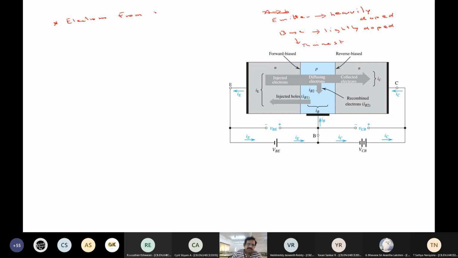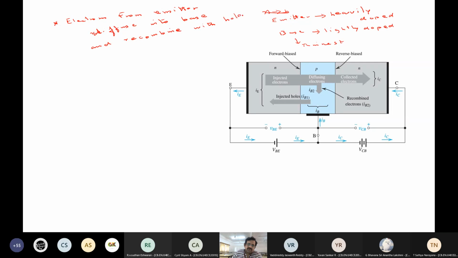Electrons from emitter diffuse into base and recombine. In the process of recombination, carriers are lost. Remember that fact. So recombine with holes.